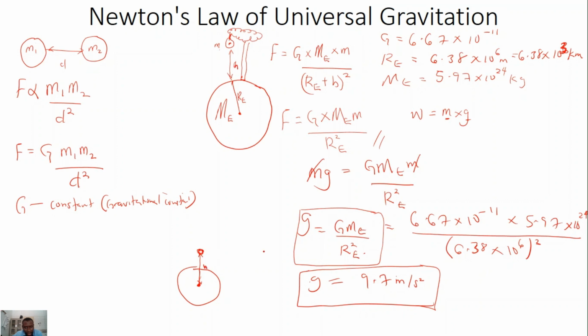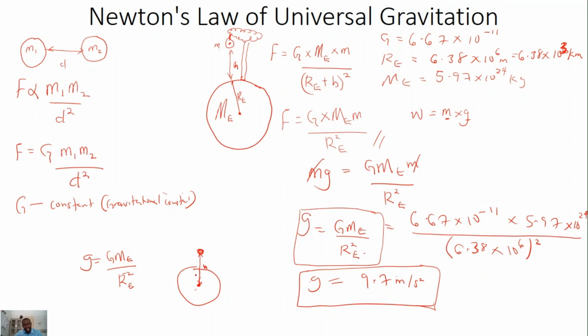So from this expression, acceleration due to gravity is equal to the gravitational constant times the mass of the earth divided by the radius of the earth squared, which is the distance between the body and the center of the earth.